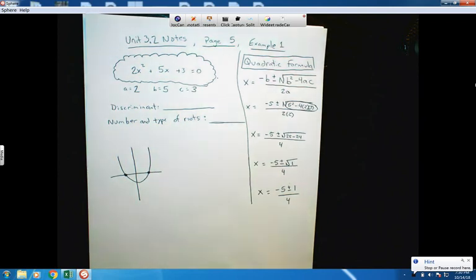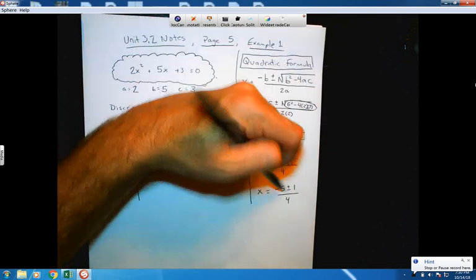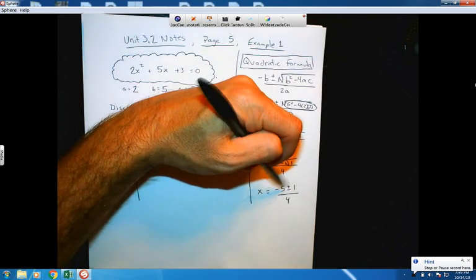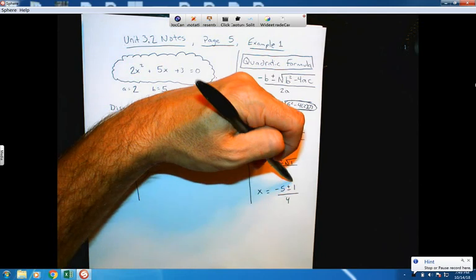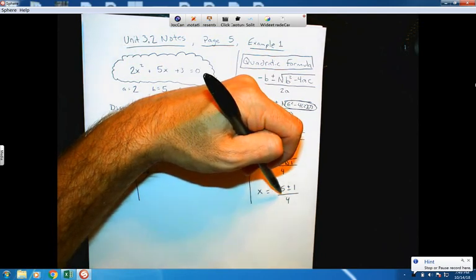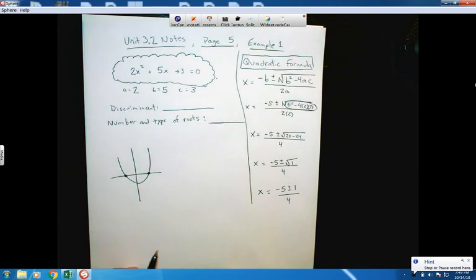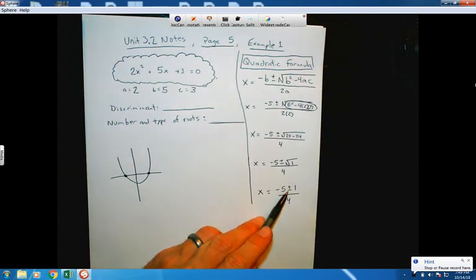At this point, you can't really simplify any of these parts anymore. Negative 5 is as simple as it gets. 1 is as simple as it gets. 4 is as simple as it gets. You notice that there's that plus or minus.